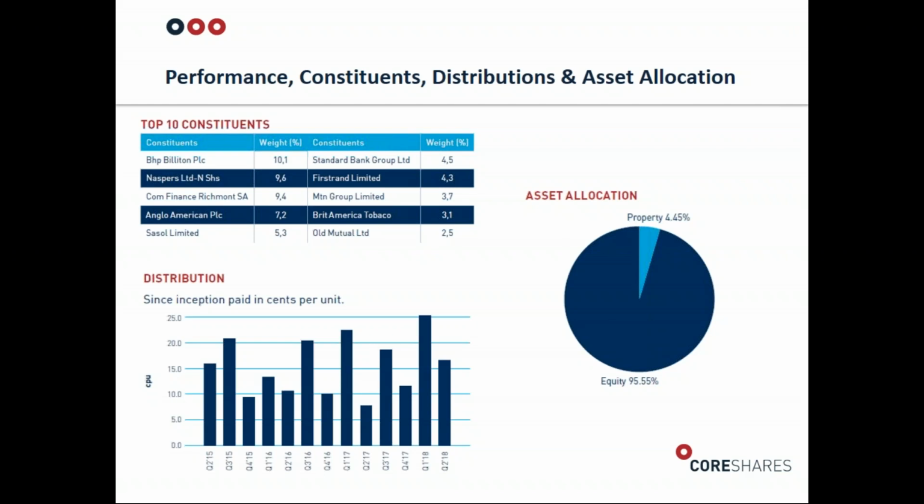So you have exposure to more than double the amount of shares. And at the end of the day, that's what ETFs are about: diversifying returns, diversifying away stock-specific risk in a portfolio. I hope I wasn't too biased. I am from CoreShares, so we are talking Top 50, but everything I've mentioned is factually correct.